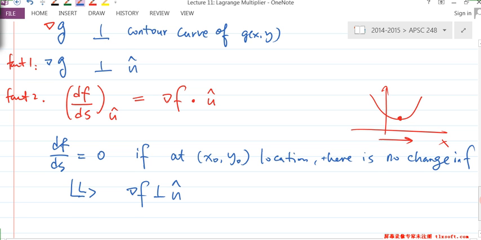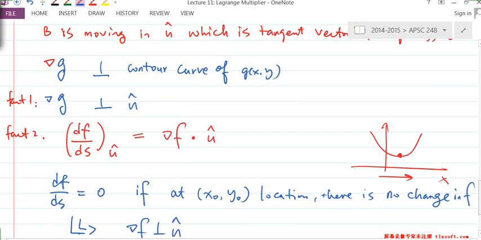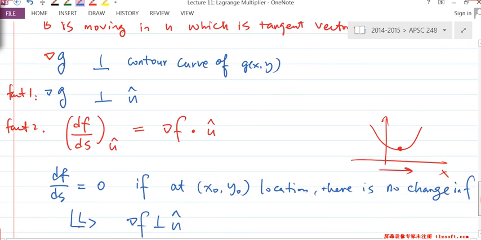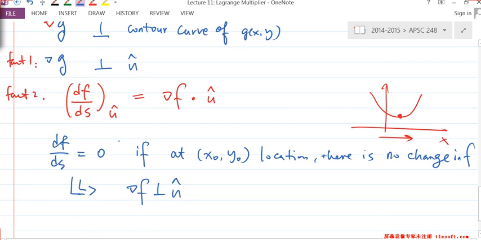So slowly we're getting there, okay? Fact number 1 is pretty general. Del g is perpendicular to u hat all the time. As I draw it over here, always perpendicular. And the second fact is particular, not always, but at a certain location, where you end up with this min or max location, which basically means around that location there's not going to be any change in f, a very small rise.